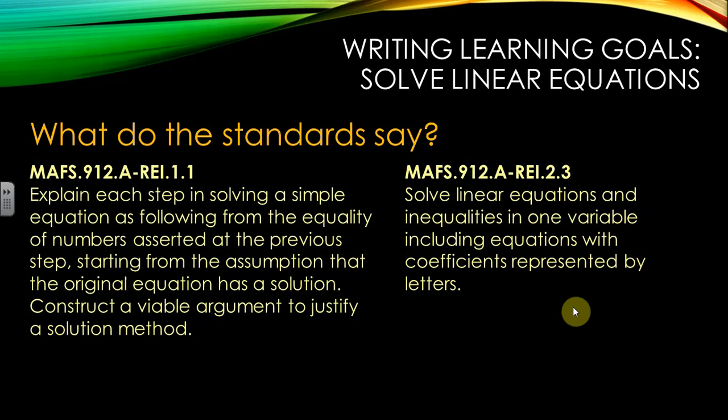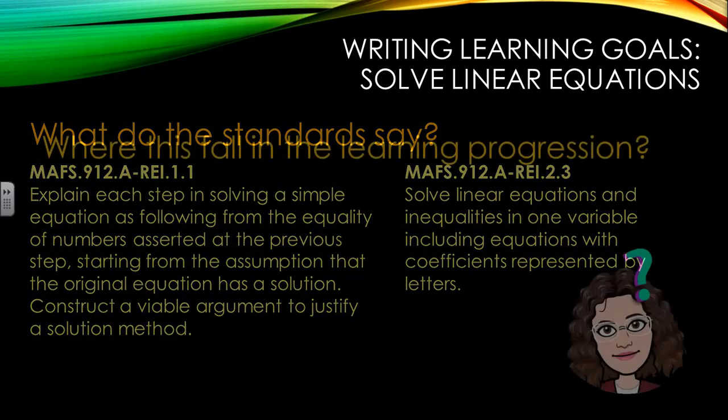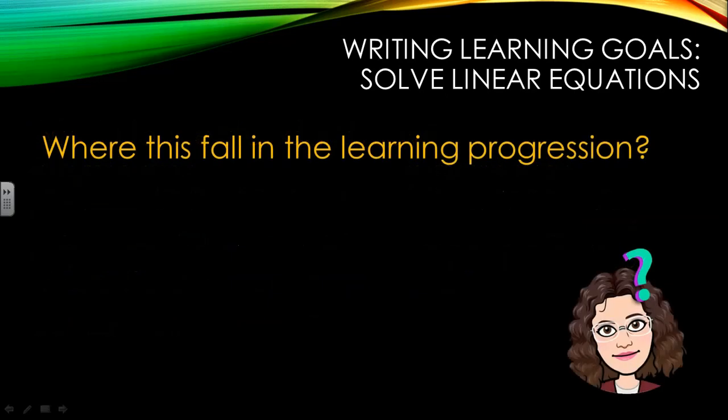Now that we know what the standards say, we need to think about the learning progression here. We need to have in mind what the standards say and what those progressions are when we get ready to write the goals. So where would this learning fall in the learning progression?